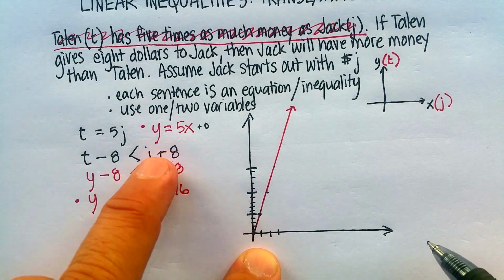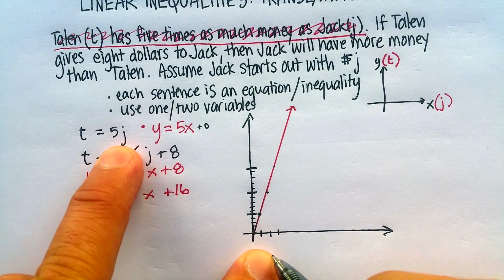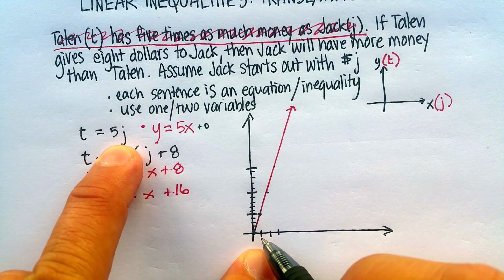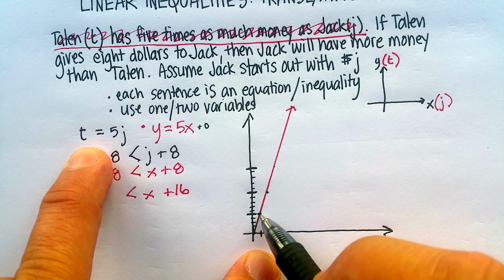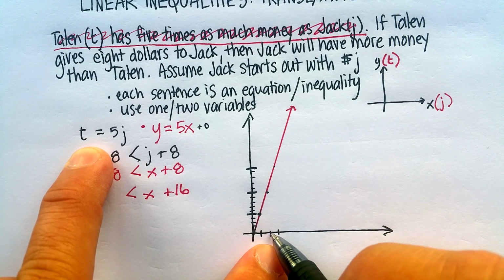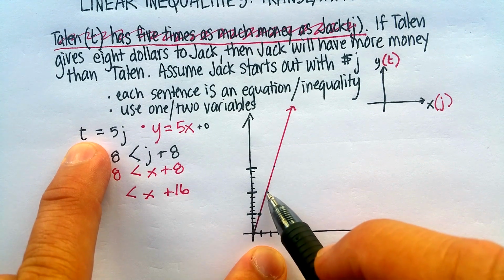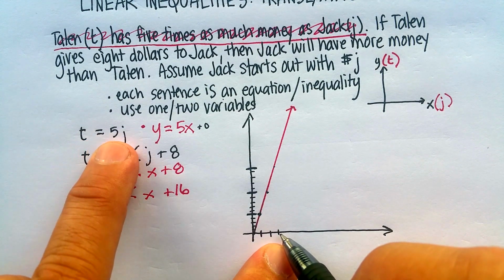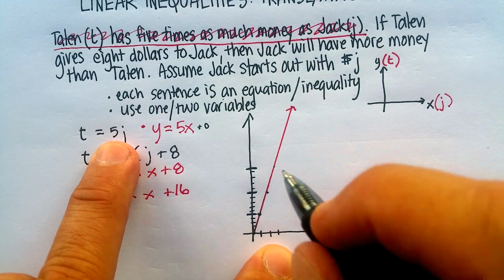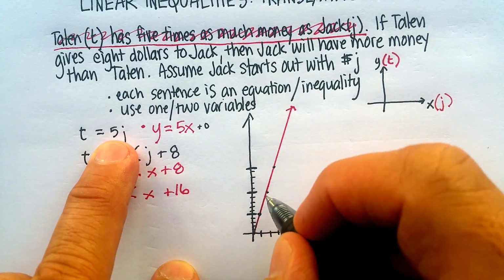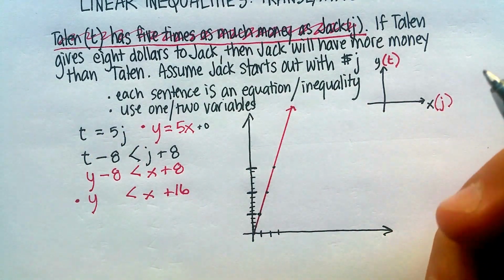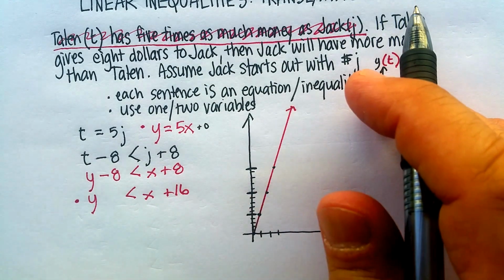If Jack has $1, X is 1, that means Tayden would have 5. Sure enough, that's it. Jack has $2 times 5, Tayden would have 10. Again, that's just it. If Jack has $3, Tayden would have 15. Yep, that actually works. So this is probably a correct line, right? No shading because it's an equal sign.